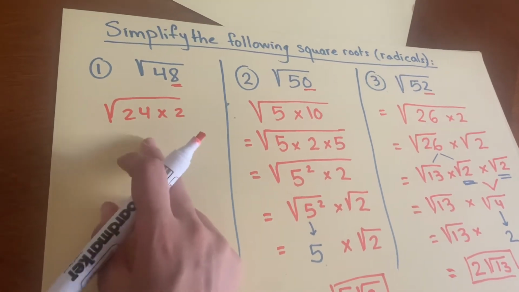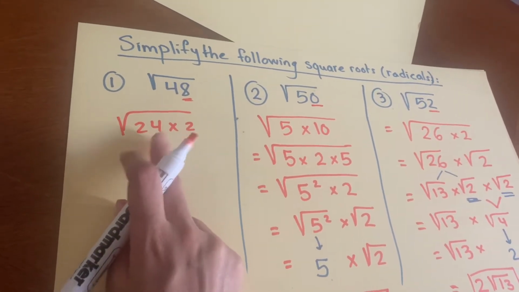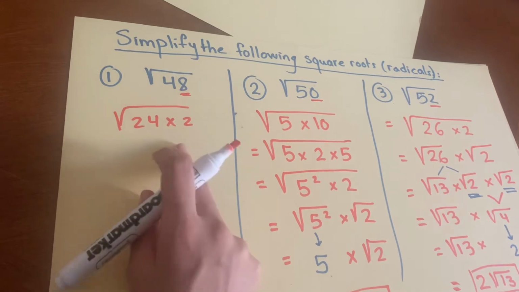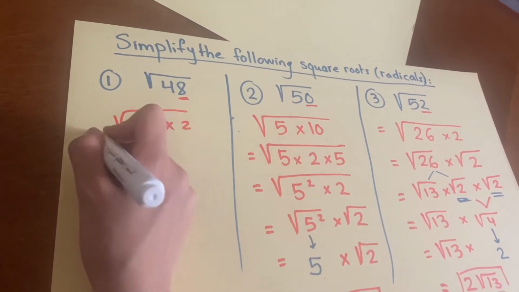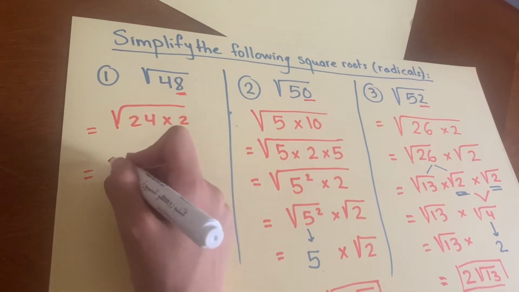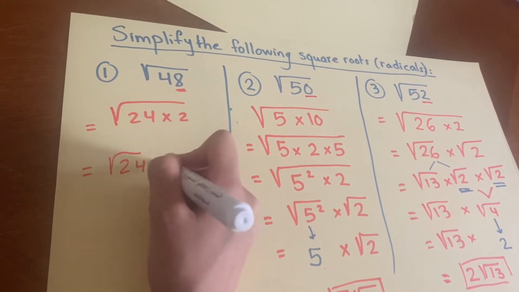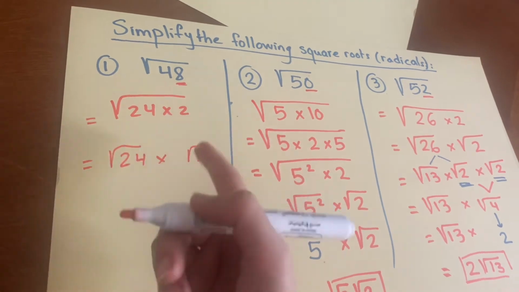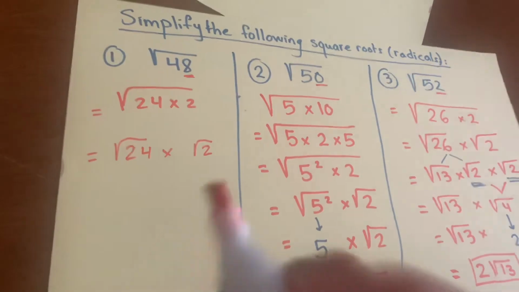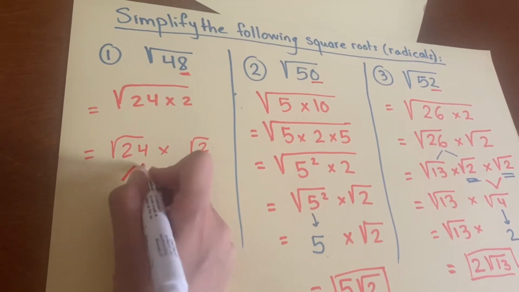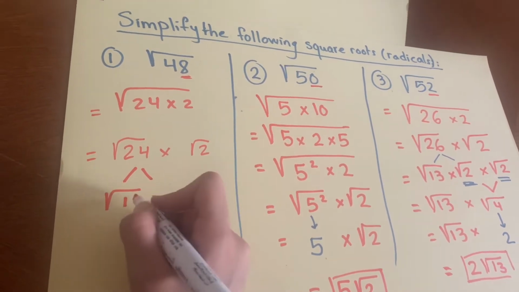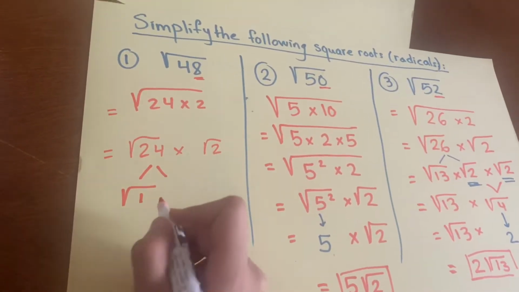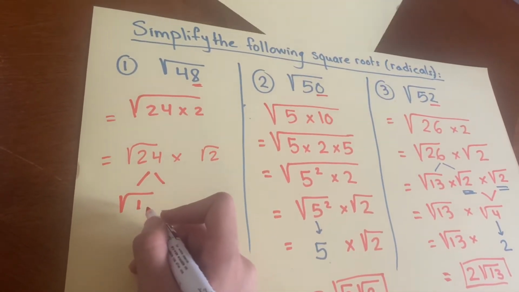Now at this very moment, I can split my 24 and rearrange the numbers. I will give you another example in a while. Or I can directly split my 24 and 2, because I have multiplication. So now 24, I can also split it into 4 times, you can choose 6 times 4 or 12 times 2.